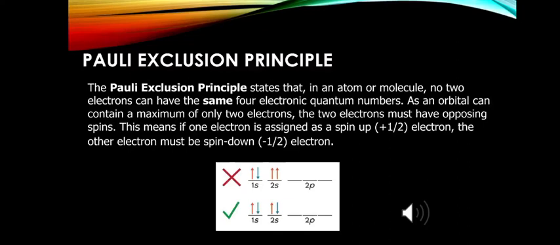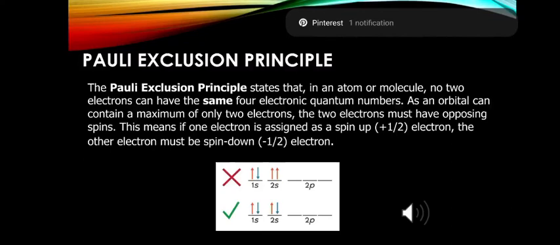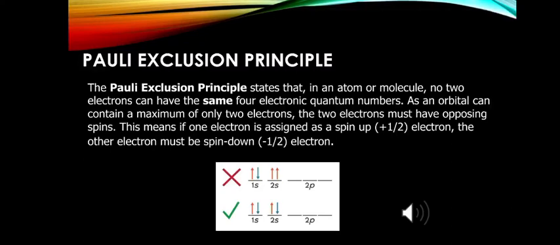If one has spin up, then the other should have spin down. There is a picture in the slide with a cross, because in the 1s orbital the electrons are filled, one with spin up and one with spin down, but in the 2s orbital both electrons are shown with spin up, because they can't exist in the same orbital.